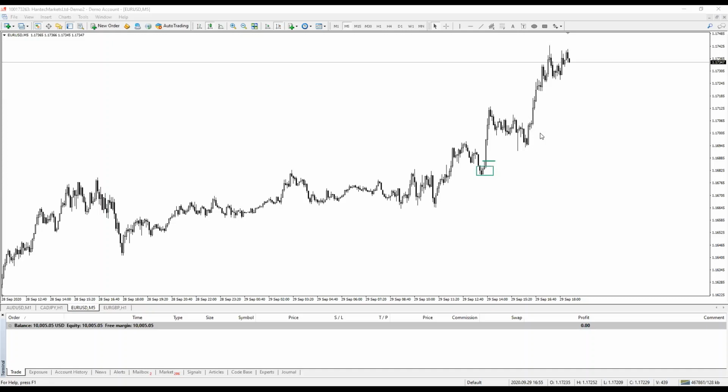So first, I'll give you a homework and a drill. Go and mark supply and demand levels on H1, H4, D1, and then go to the economic calendar and be there in real time on demo and see how price reacts to these levels.